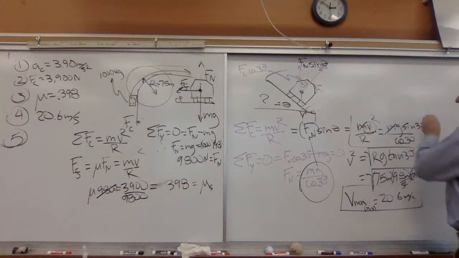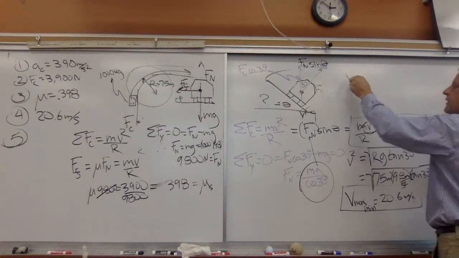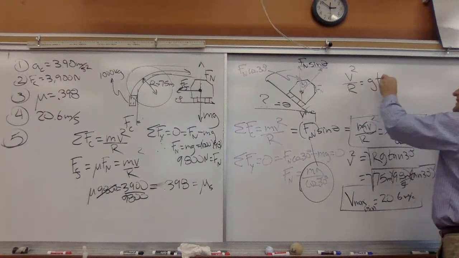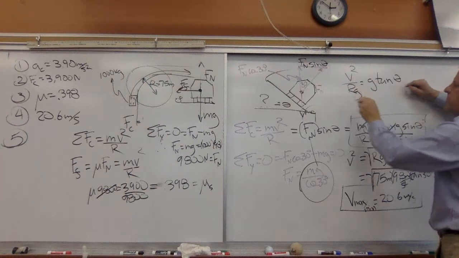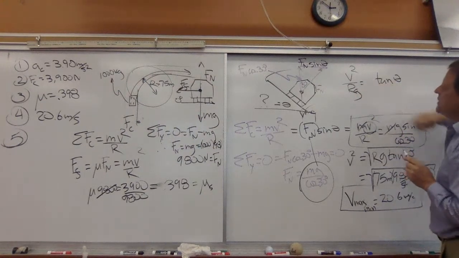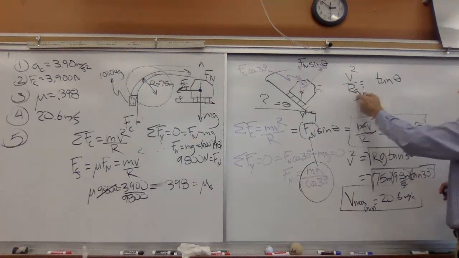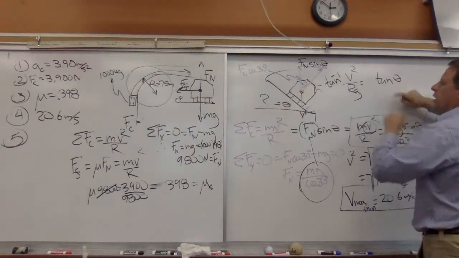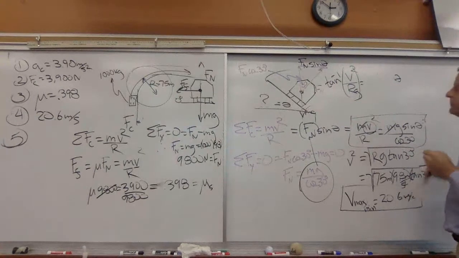So we're really going to take this equation right here, and now we can say v squared over r is equal to g times the tangent theta. So if we divide both sides by g, then we're going to have v squared over rg, and then to get rid of this tangent, we're going to have inverse tangent, and that will give us theta.